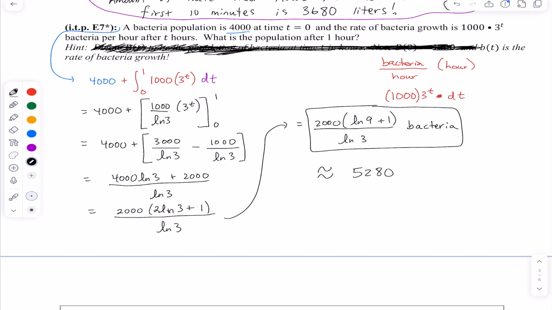It's approximately 5,820 bacteria. The population after 1 hour is about 5,820 bacteria.